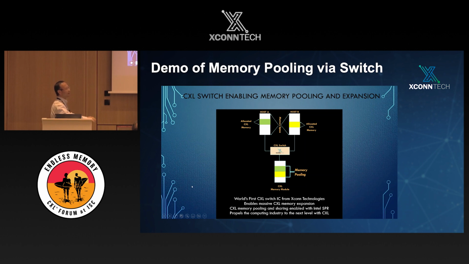We just use one memory device to show that through the switch they can share it. Of course, for memory pooling, we are going to put multiple CXL memory devices into this pool. For this demo purpose, we just use one single device. And these two segments from host A and host B actually map to different locations in this CXL memory module.